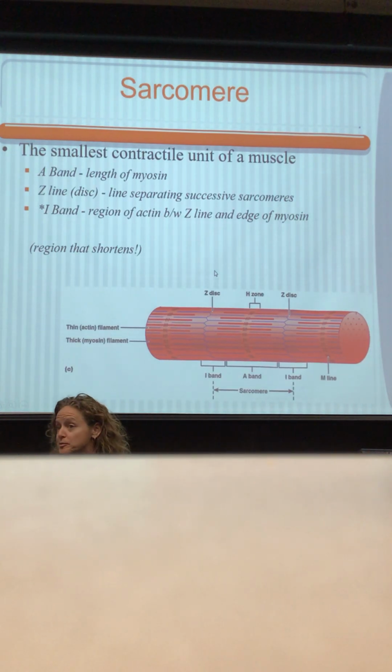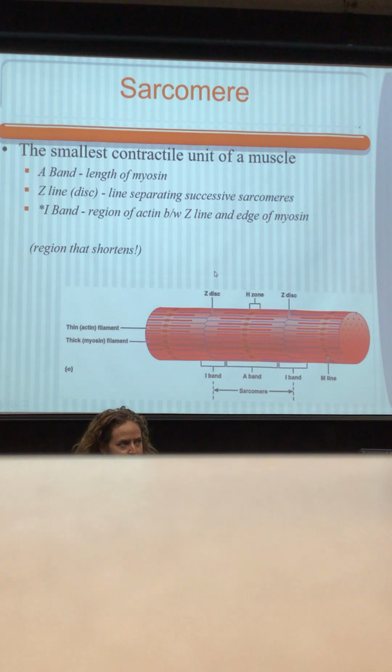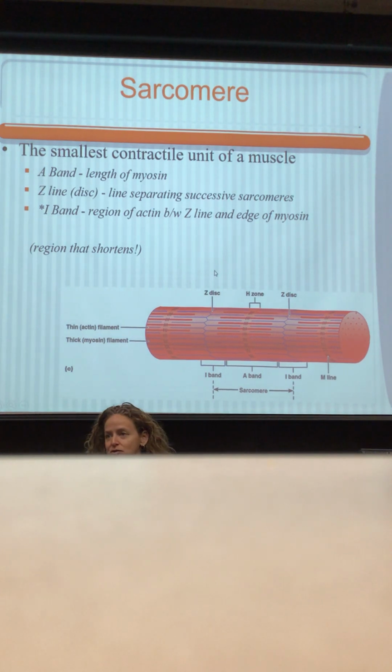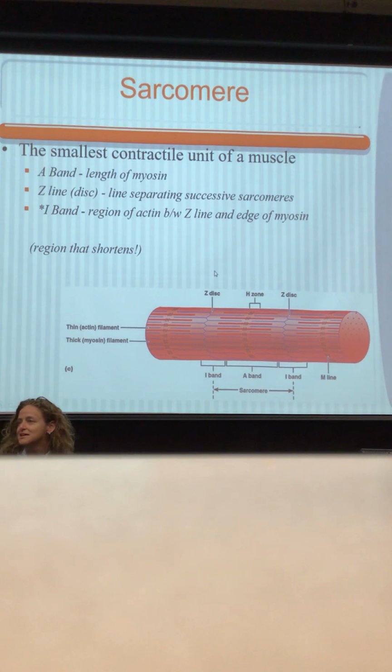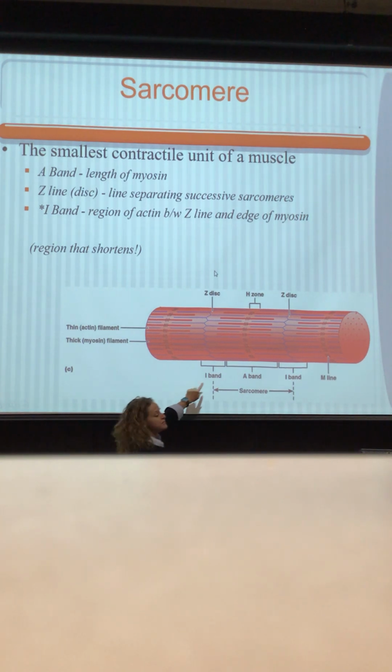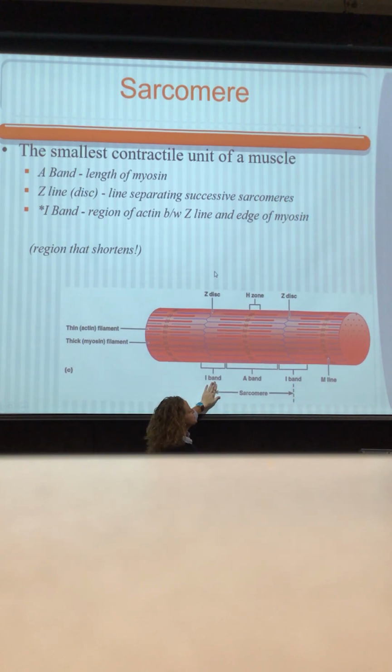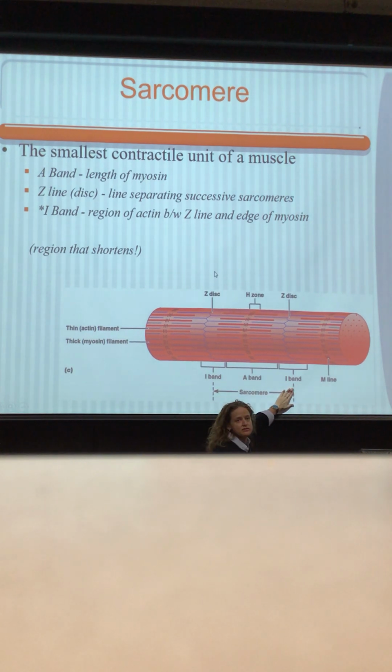In the sarcomere, it's possible to label the A band, the H zone, the I band. My colleagues ask students to know these, but I don't. This is a rare instance where I cut something out but they don't. So you don't have to know these definitions.